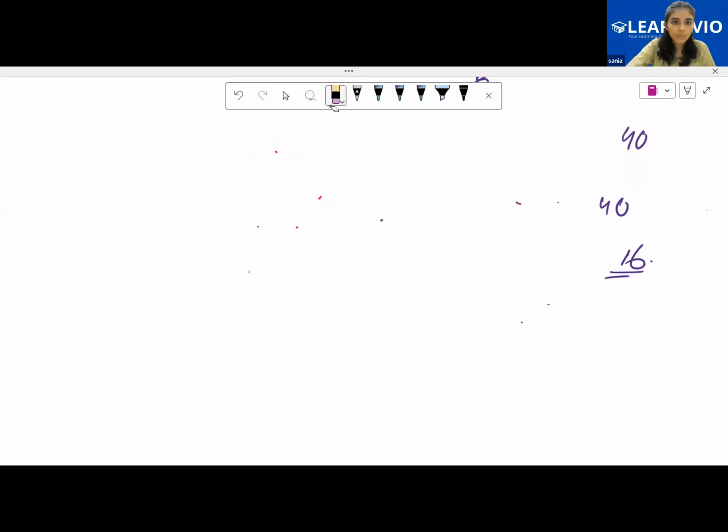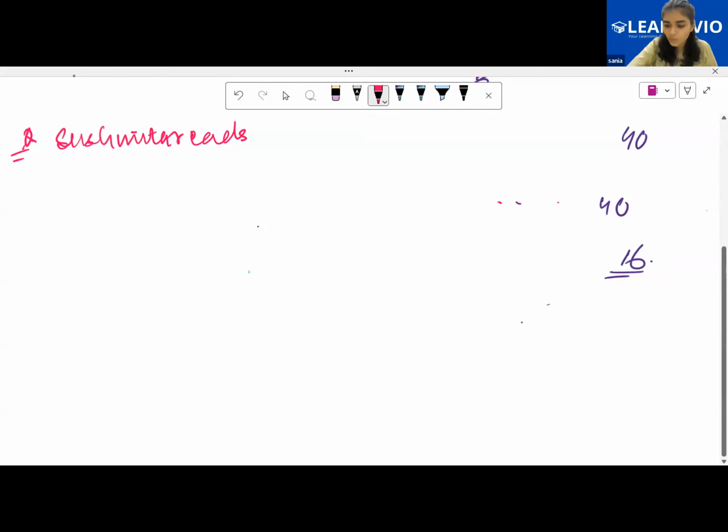One more word problem. It's written that there is a girl named Sushmita, and Sushmita reads 1/3 part of a book in 1 hour.